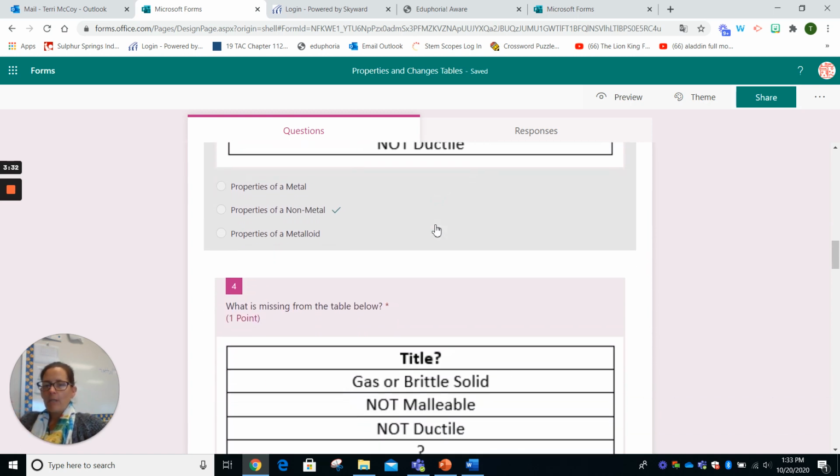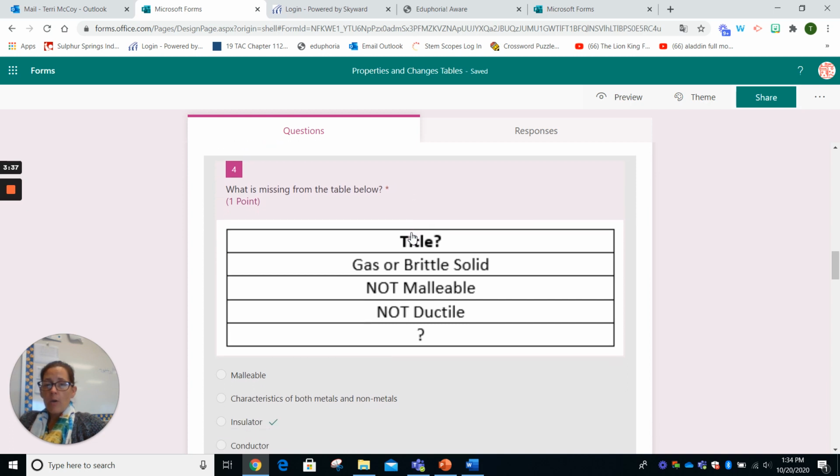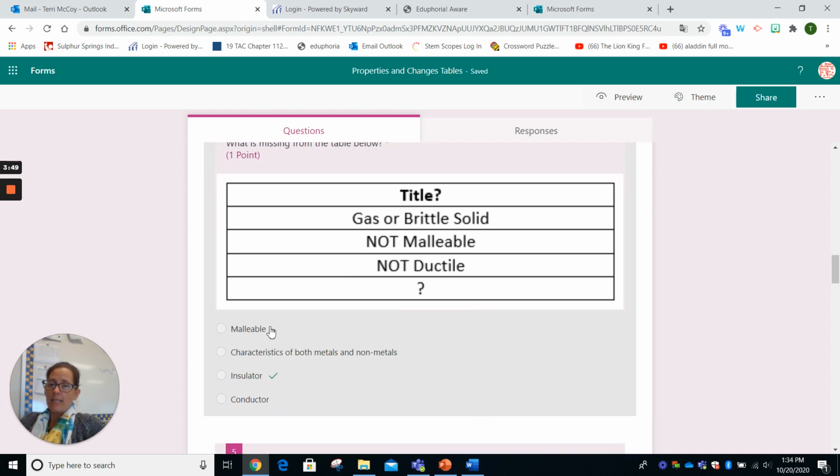We use the same title in the question below. What is missing from the table below? Our title up top was the characteristics of a non-metal. Gas or brittle solid, not malleable, not ductile, but there's one missing. Is it malleability? Well, it says that it's not malleable, so it can't be that.